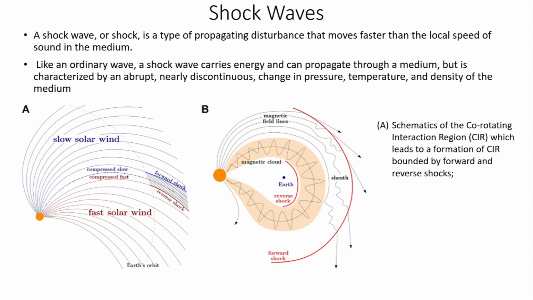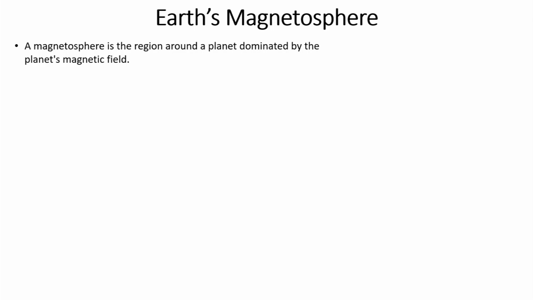The reverse shock, whatever we have seen in the earlier picture, interacts with the Earth's magnetic field, and as a result we get something like the bow shock or the magnetopause. All these things are the result of the shock wave interacting with the Earth's magnetic field. Now let us see how the Earth's magnetosphere looks.